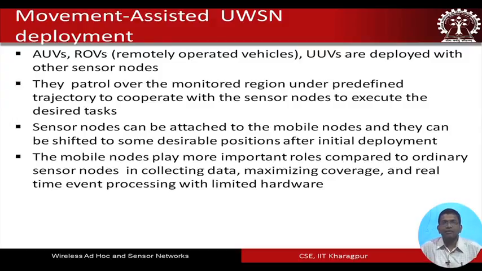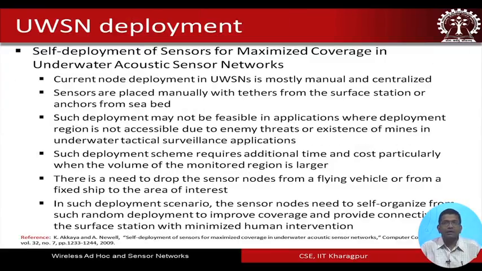The sensor nodes can be attached to the mobile nodes, and they can be shifted to some desirable positions after initial deployment. So, you can have one or a couple of sensor nodes affixed to these AUVs, ROVs, etc. When they move, they can take them to the new location. So, this is movement assisted underwater sensor network deployment.